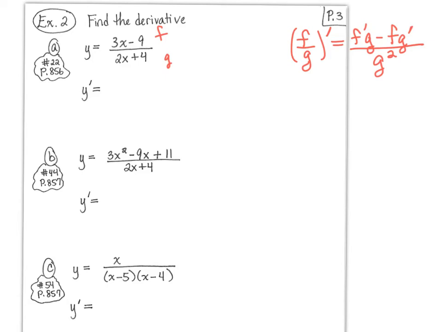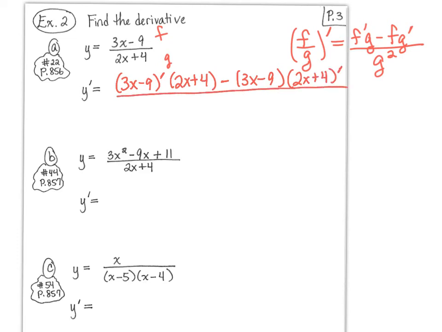So the derivative of y equals 3x minus 9 over 2x plus 4 is equal to the quantity 3x minus 9 prime times the quantity 2x plus 4, minus the quantity 3x minus 9 times the quantity 2x plus 4 prime, all over the quantity 2x plus 4 squared.